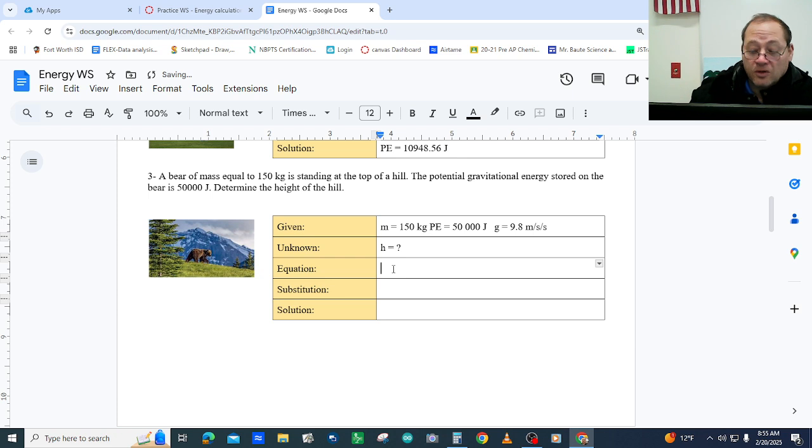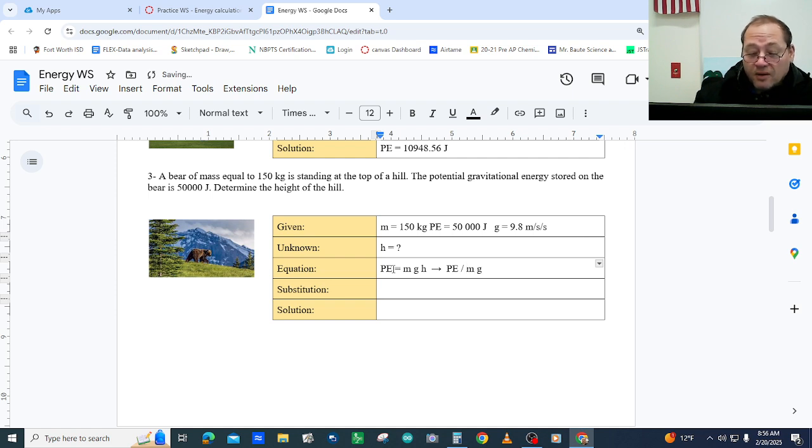So when we use the equation for potential energy, which is mass times gravity times height, the goal here is to find h. Okay, so you can either rewrite the equation for h and then plug in the numbers, or plug in the numbers, simplify, and then write the equation for h. Either way, it's okay. So what I mean is, if you want to solve for h, you divide the whole equation by mass times gravity.